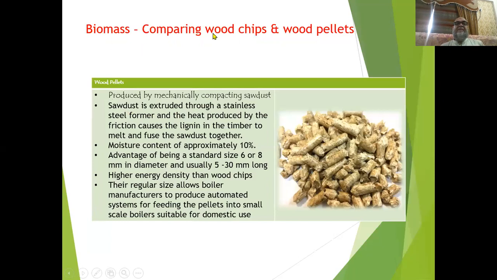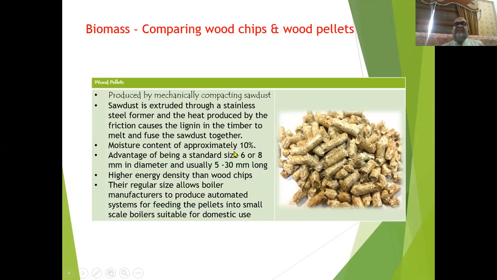Now, comparing with wood chips, wood pellets are produced by mechanically compacted sawdust. Sawdust is extruded through a stainless steel former, and the heat produced by the friction causes the lignin in the timber to melt and fuse the sawdust together.